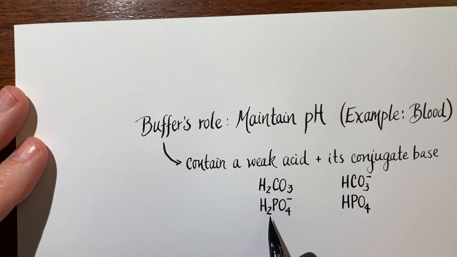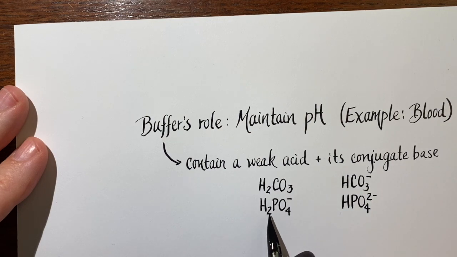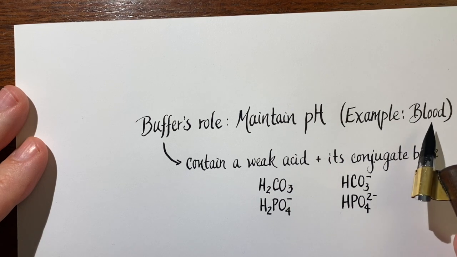So here, H2PO4 minus is now 2 minus. So this is dihydrogen phosphate and monohydrogen phosphate. Here's another acid-base conjugate pair that exists in blood.